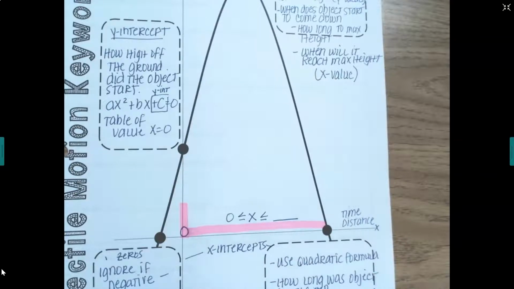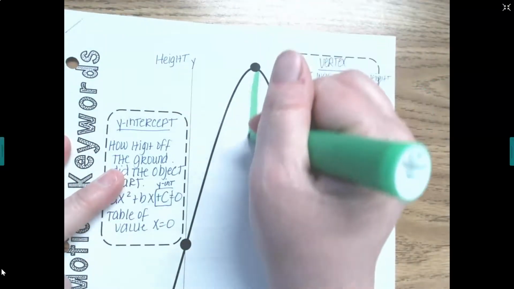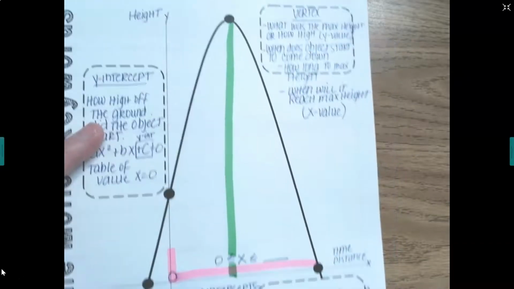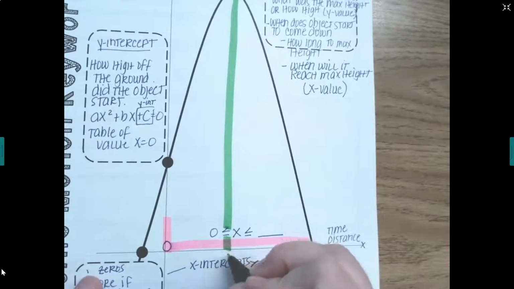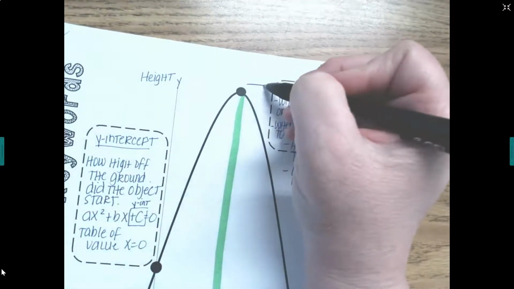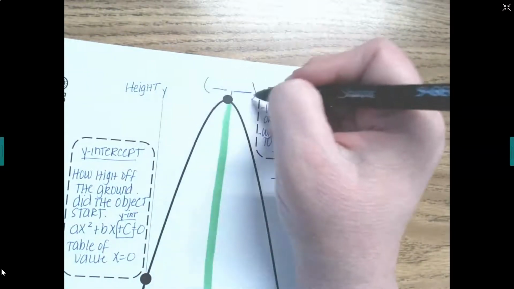And your range is a y value, so it's the height value. Your range references this right here, the straight up and down. It comes from where y is 0, and we go all the way up to the y value of the vertex.